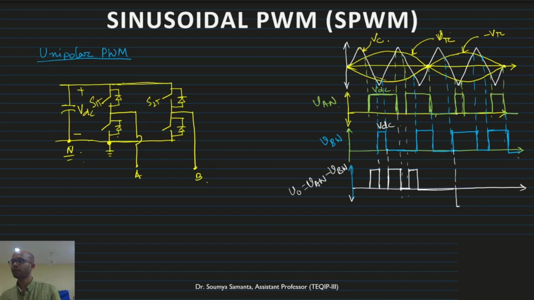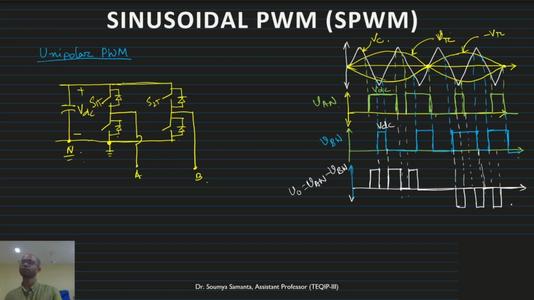This is the VDC. Up to which point? This point. After that this will be 0. This will continue up to this, suppose. Sorry for the misalignment, I'm extremely sorry. Then again this will be 0.